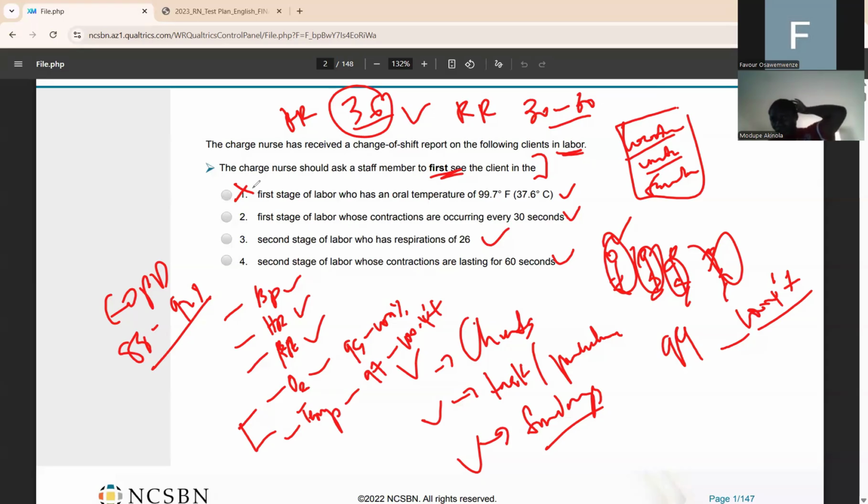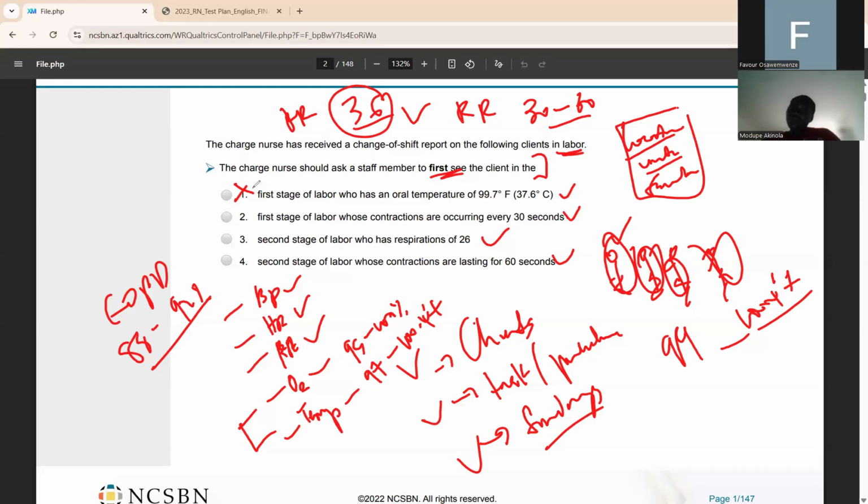So when they say somebody's having contraction, sometimes it can be true contraction and it can be false, because false contraction doesn't last for long. They stop. But true contraction lasts. The only time that contraction will stop is when the baby is out, because the uterus will try everything possible to push the baby out.